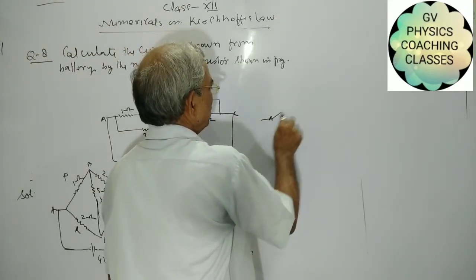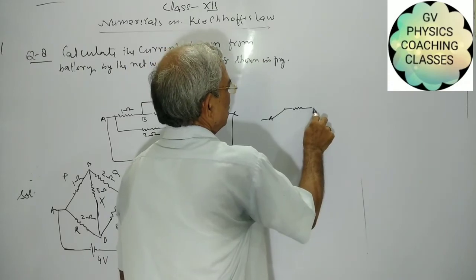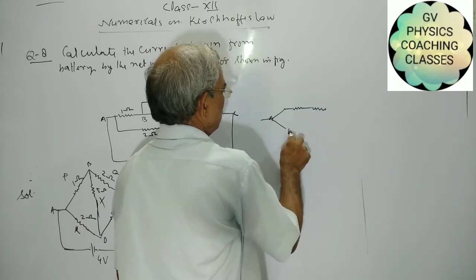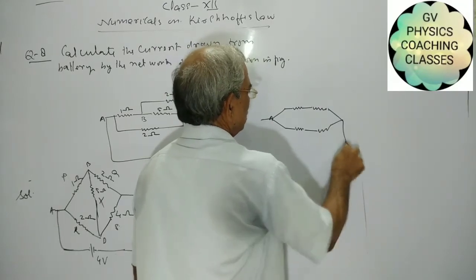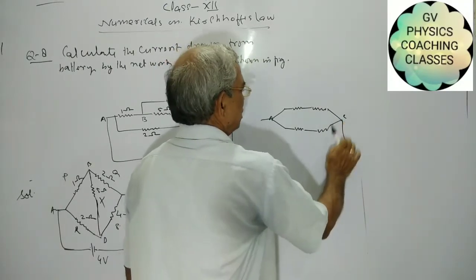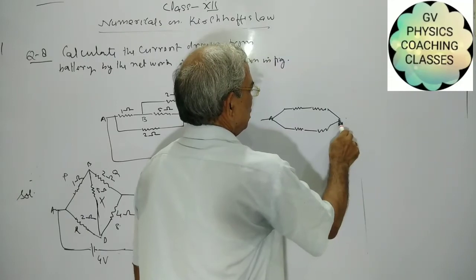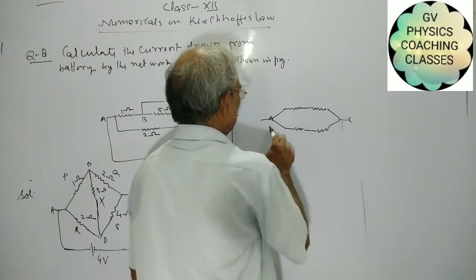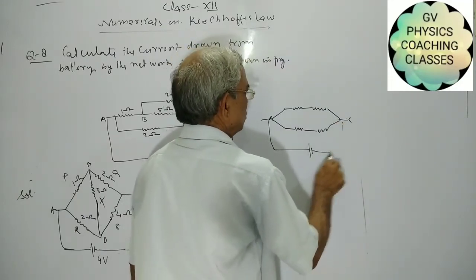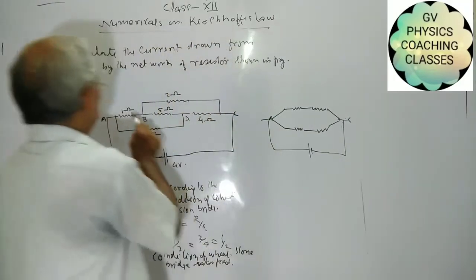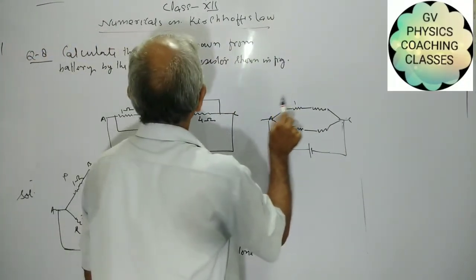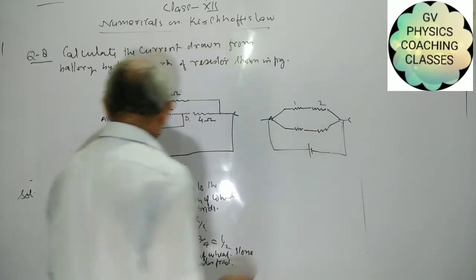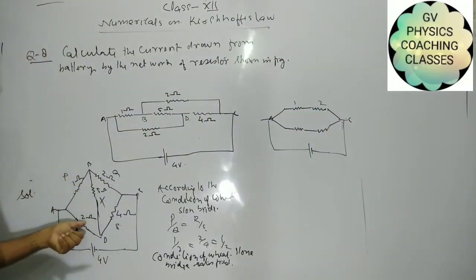This is A, this is C. Now 1 and 2, 1 and 2, 2 and 4.